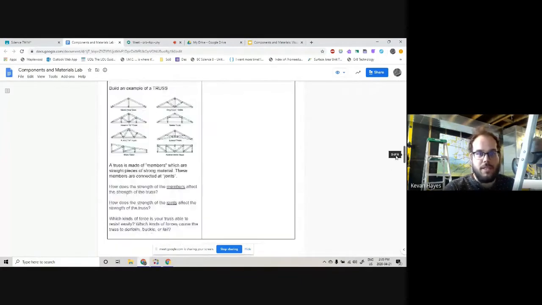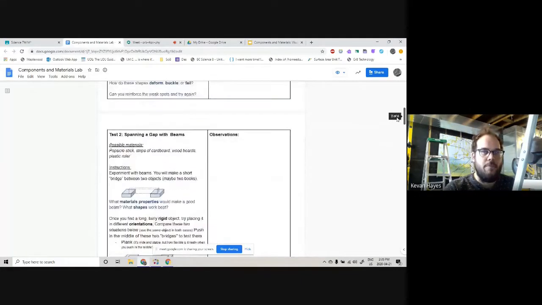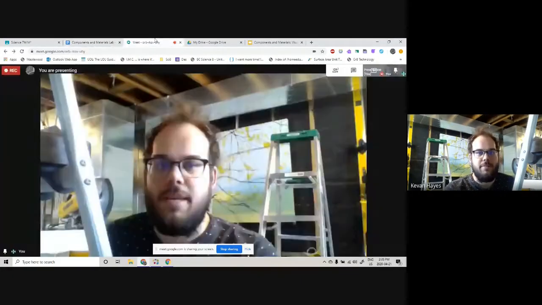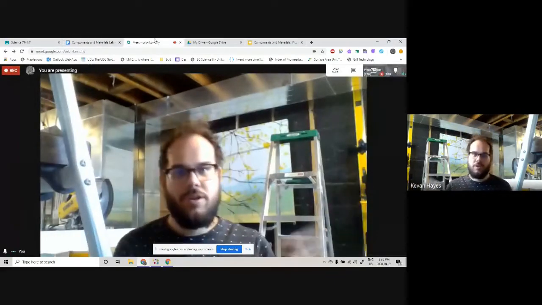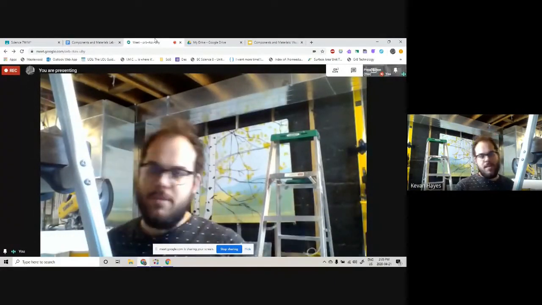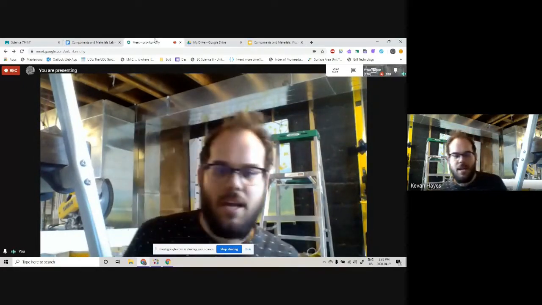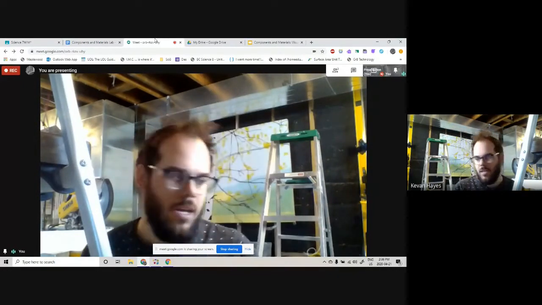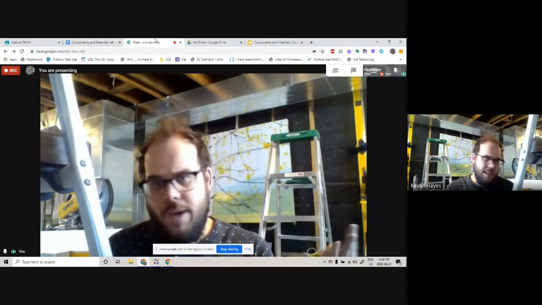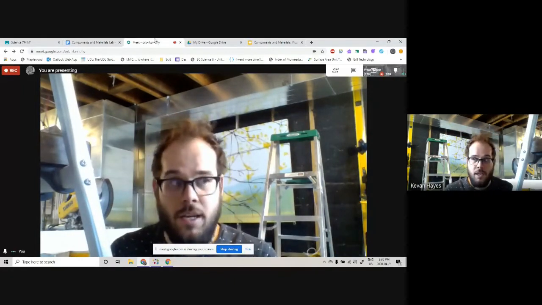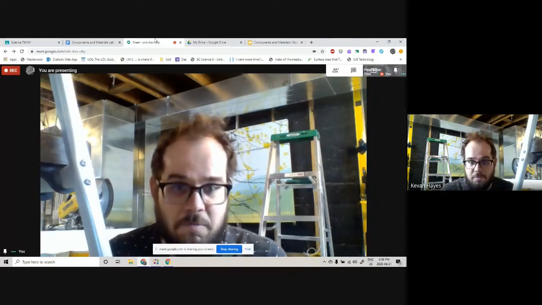And the goal is that this will simply make you better at noticing the components and materials that make up all structures. So once you understand beams and you understand trusses and you understand shapes and you understand corrugations and arches and shells, if you understand posts as well, you pretty much understand almost every structure that exists.